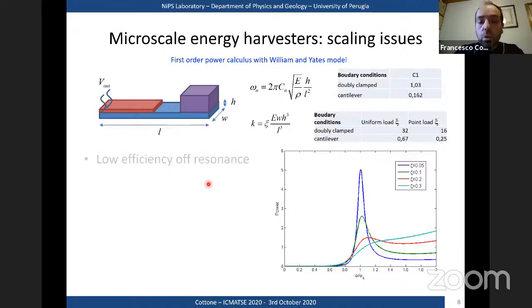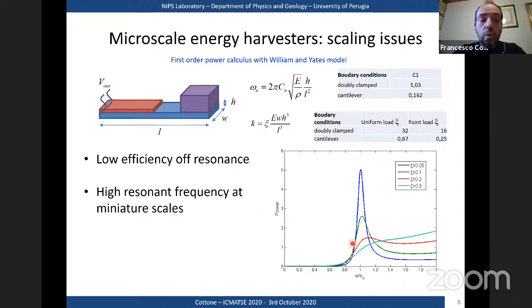Another problem is that most vibrational energy harvesters are based on linear oscillator systems. A linear oscillator presents a very high energy peak at resonance, but if we go a little far from resonance, we have very low efficiency in the transmission of vibrational energy from the source to the device. So we have low efficiency off resonance and high resonant frequency at miniature scales.